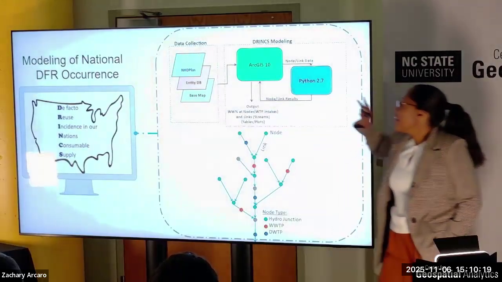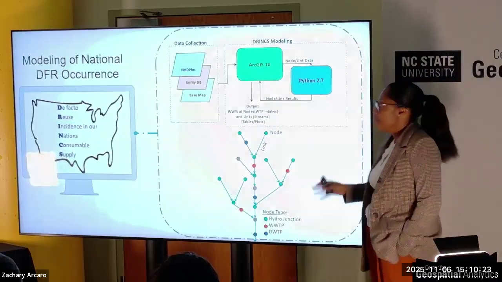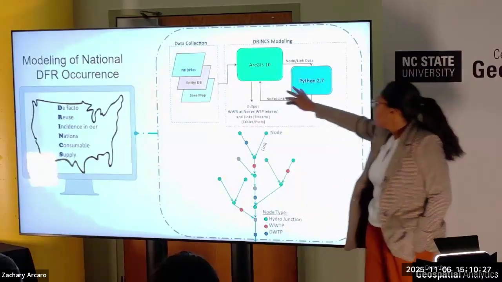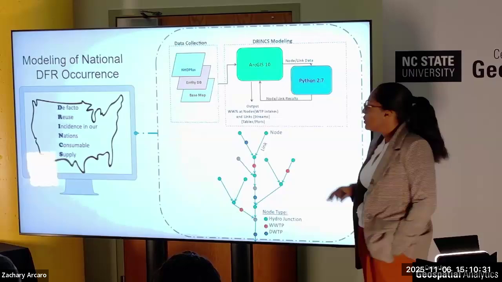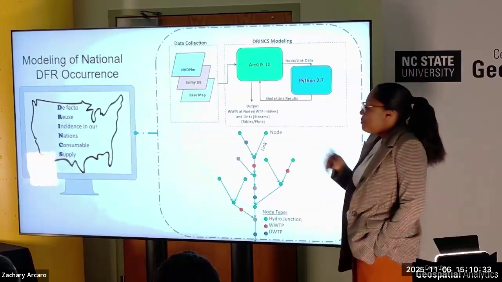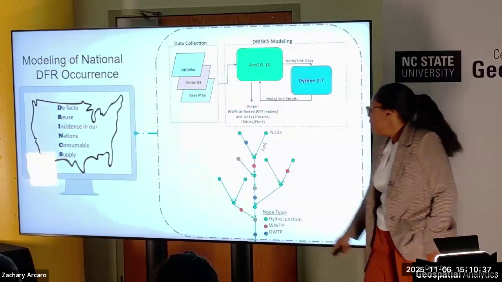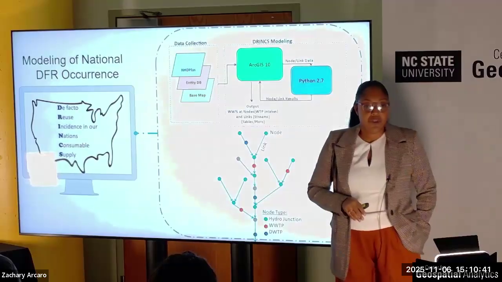So largely this was done with ArcGIS 10. That might date me a little bit, but it was done within ArcGIS 10. I had data sources for stream flow coming from NHD Plus data, and it was set up to work like a stream network, right?